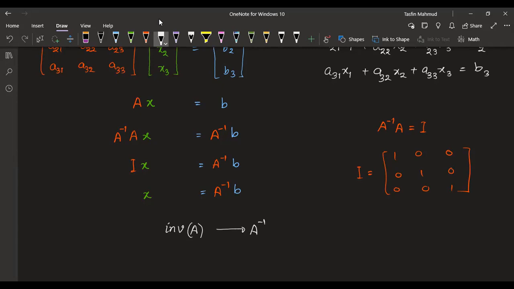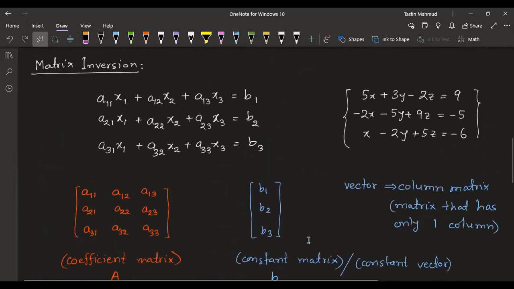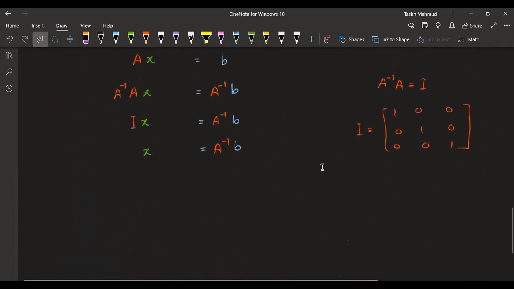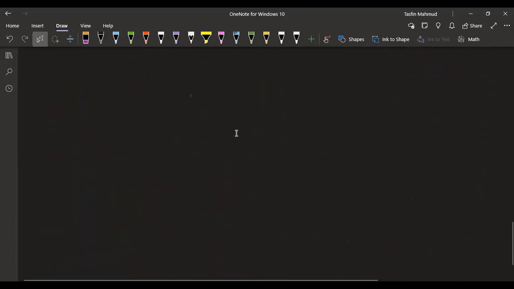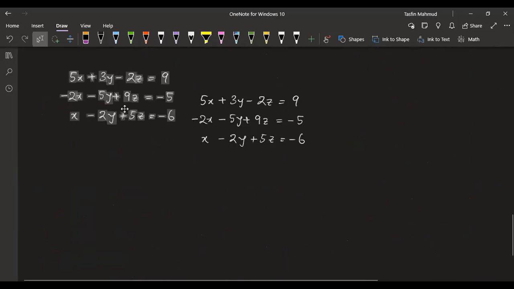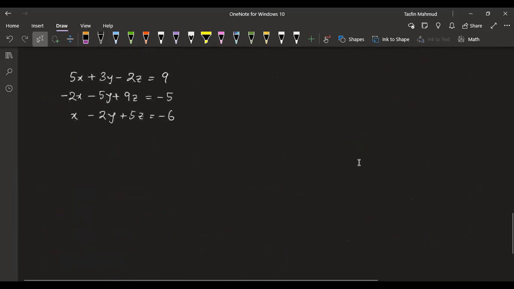Okay, so let's try to solve this system of equations. Let's assume we have this system with us and we have to find the value of x, y, and z. If we have this system, then we can form the a and b matrices first.